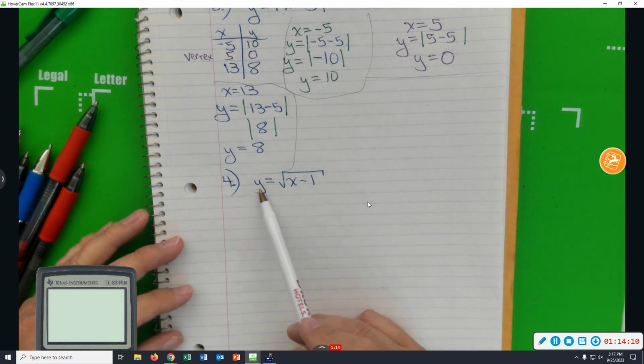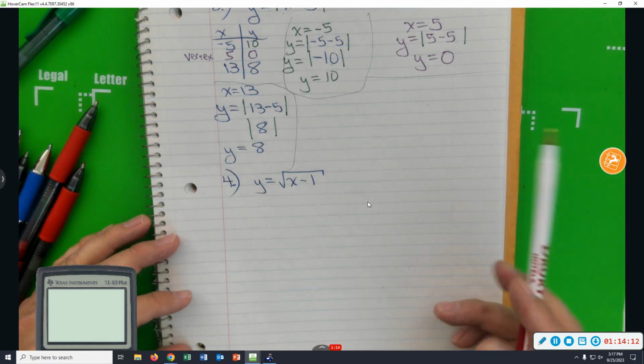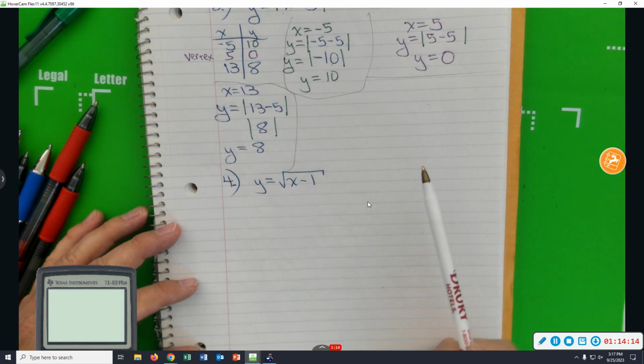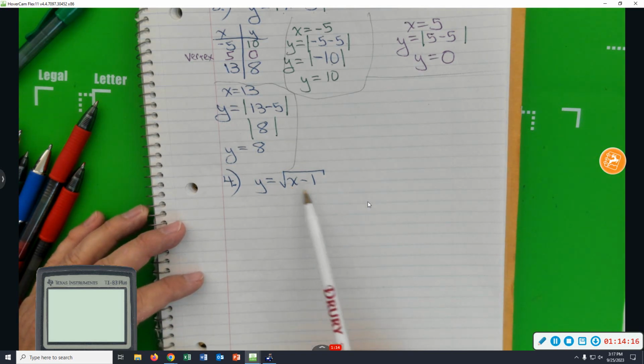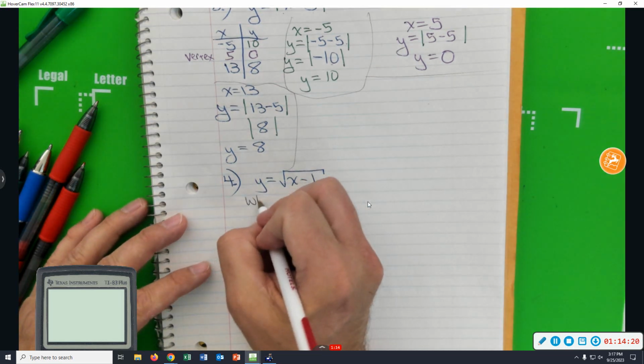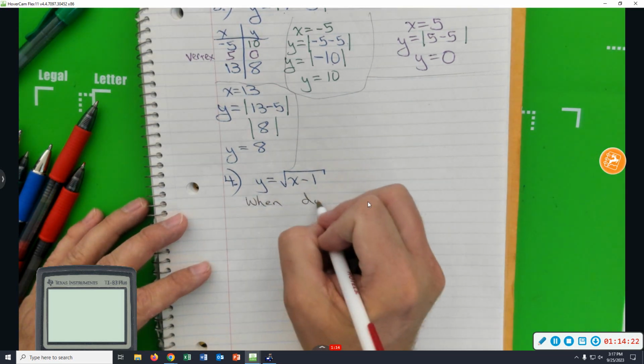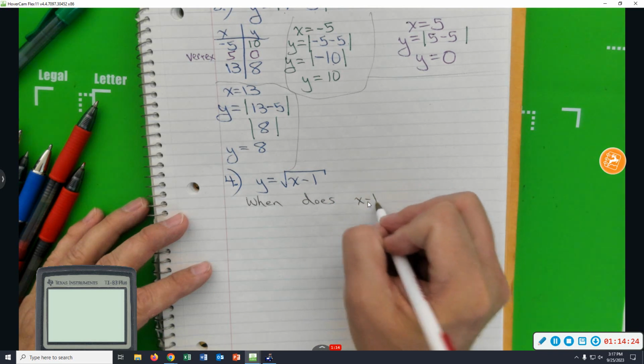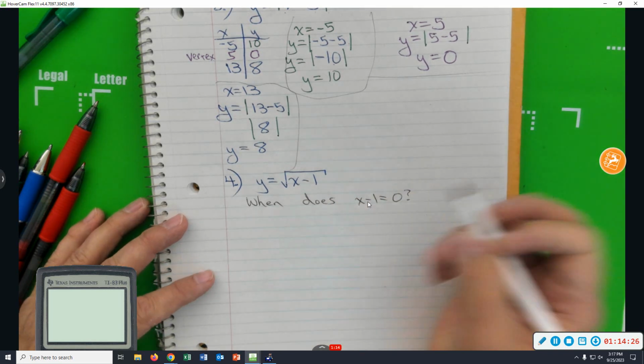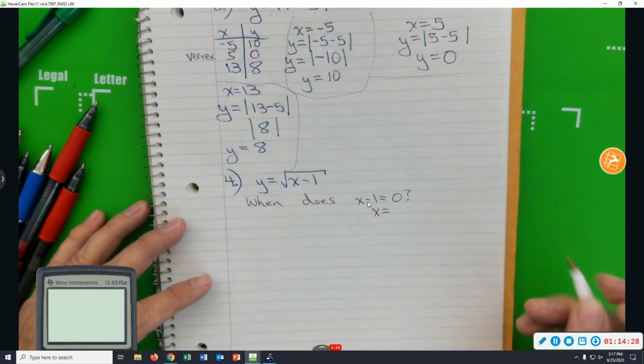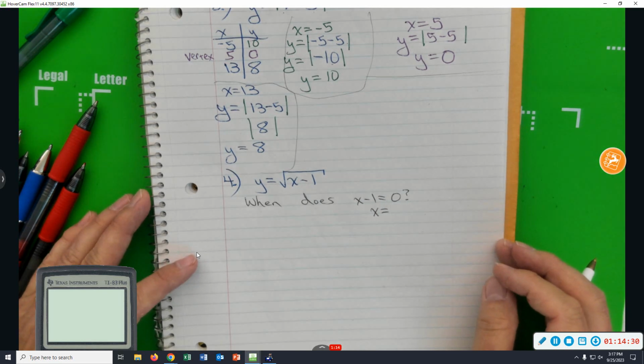We want to graph y equals the square root of x minus 1. The first thing I do is I ask myself, when is the stuff under the square root equal to 0? When does x minus 1 equal 0? That's when x is equal to 1.